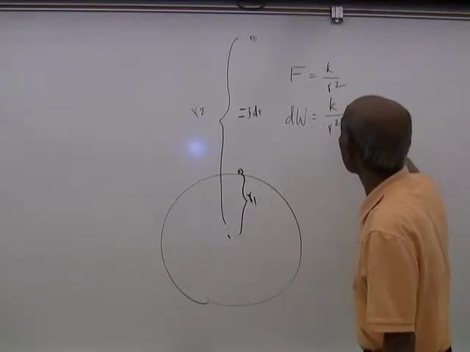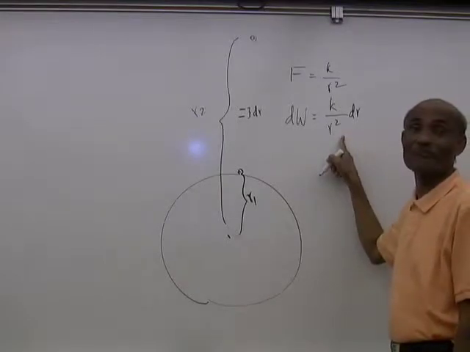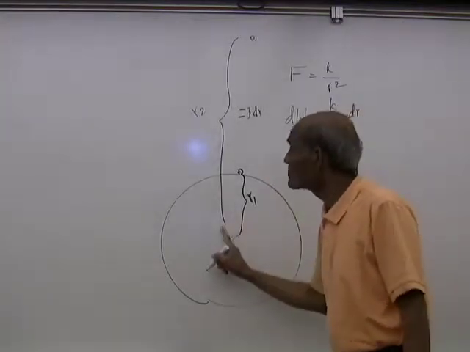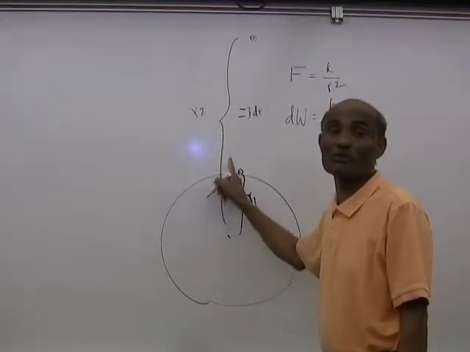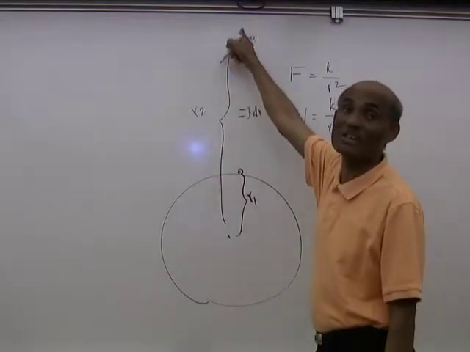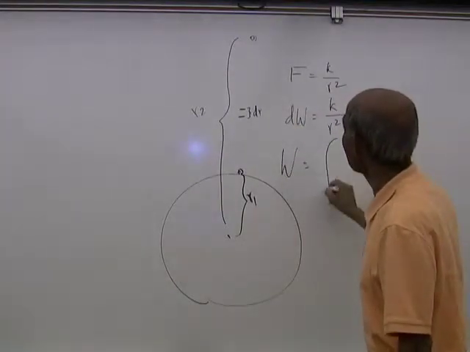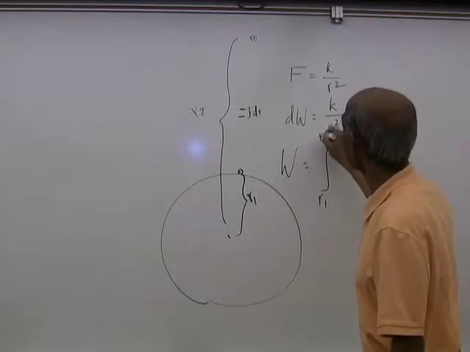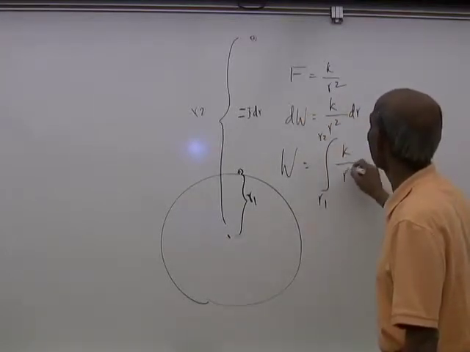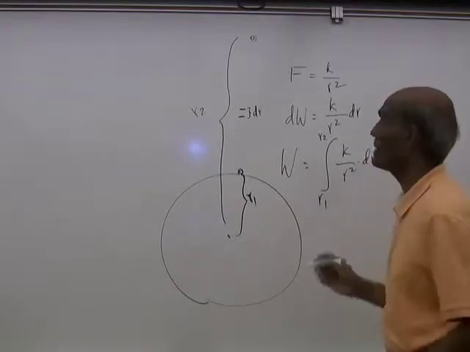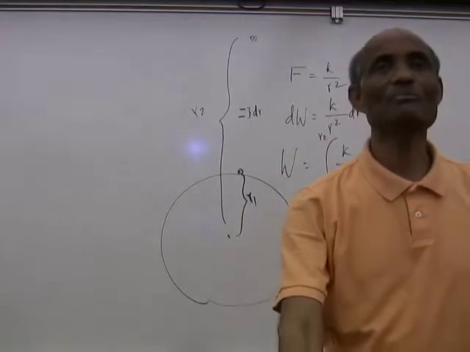So force multiplied by that small displacement is this. And all we need to do to calculate the total work done to move the object from the surface of the earth to the space station is this: the total work done will be integral r1 to r2 of dW, that is, k over r squared dr. Now that's the method we are going to use in solving problems in this section.